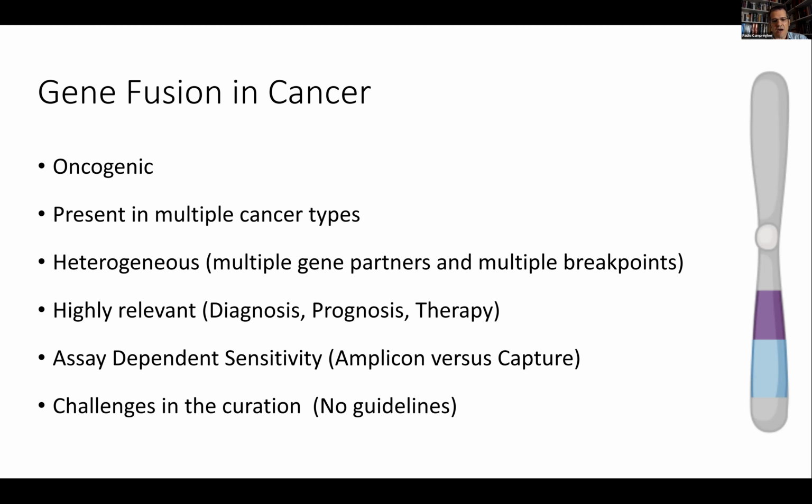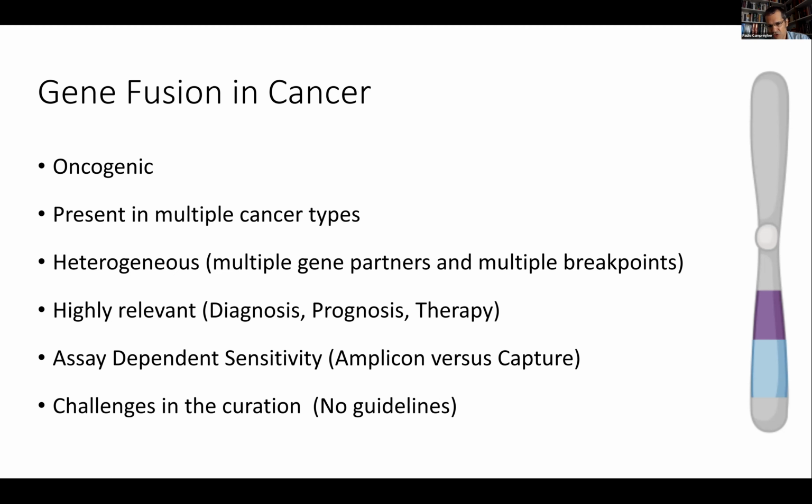And many times they are therapy targets. So we have several drugs that will target specific gene fusions, so the patient will have very important clinical response to specific therapies. They are very assay dependent. Our ability to detect the fusions is assay dependent.